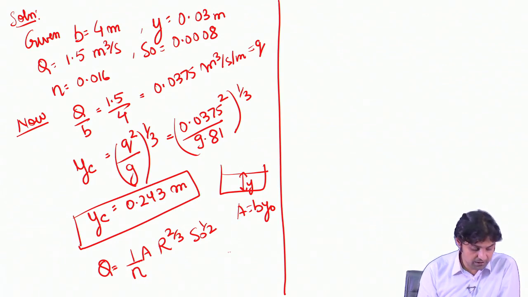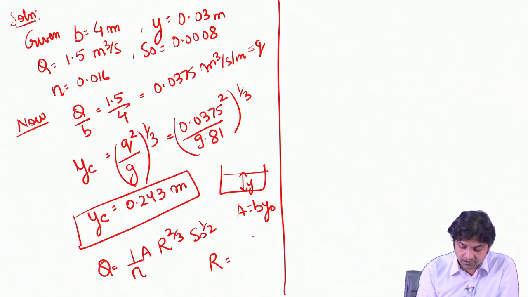So, using this, hydraulic radius will be A by P, all right. Here it is actually 4 y naught, so the hydraulic radius will be 4 y naught divided by 4 plus 2 y naught. Okay.